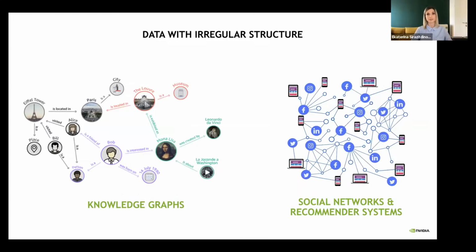Another example of data with irregular structure would be knowledge graphs, where you have different entities, and they can also be connected by different sorts of relationships between them. And you all know social networks and recommender systems. It is another example of data with irregular structure. There we can have different devices, different applications running on different operating systems, having users, having connections between these users.